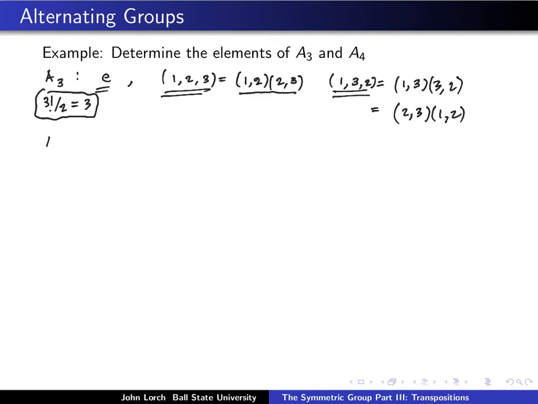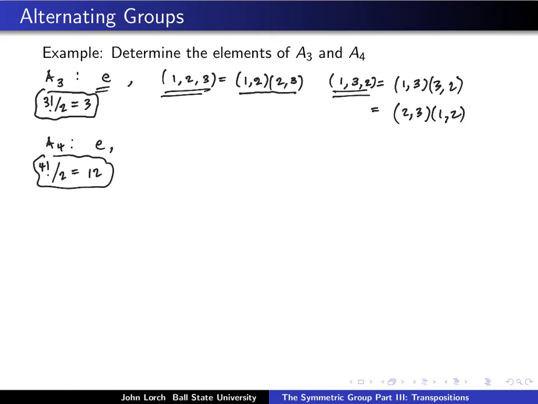Okay, now A4 is a little bit more tedious to deal with. So there, how many elements do we expect? Well, we expect the number of things in S4, which is 4 factorial, divided by 2, which means that we expect 12 elements in A4. One of them is going to be the identity.